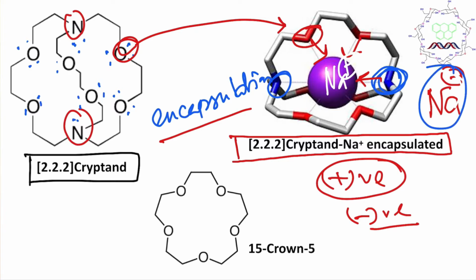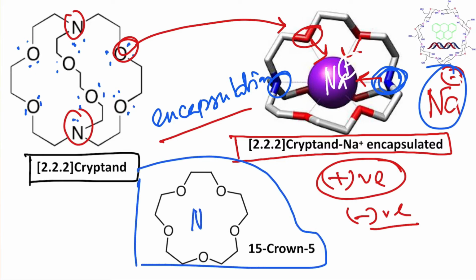And by the way, there are other types of encapsulating complexes, like the crown ether 15-crown-5, which is also famous for sodium plus encapsulation, but this is not able to produce the sodium counter anion along with it under stable conditions, but the cryptate does. Why? Because if you look at this, the donor sites are fewer, in this case 5, whereas in the cryptate you will see 6 oxygens and 2 nitrogens, 8.